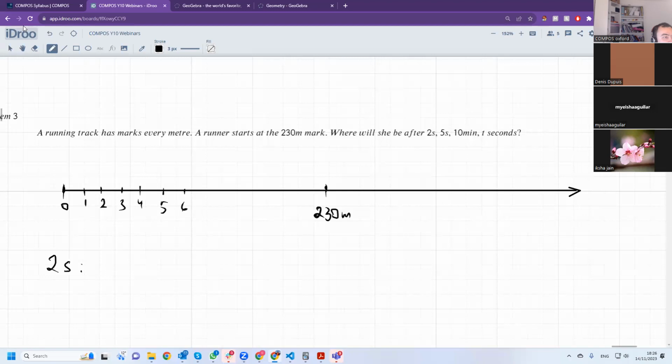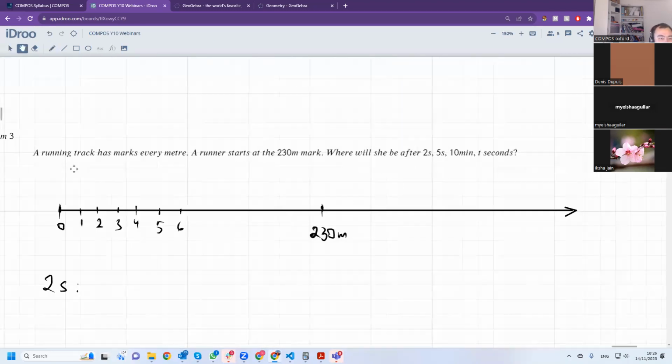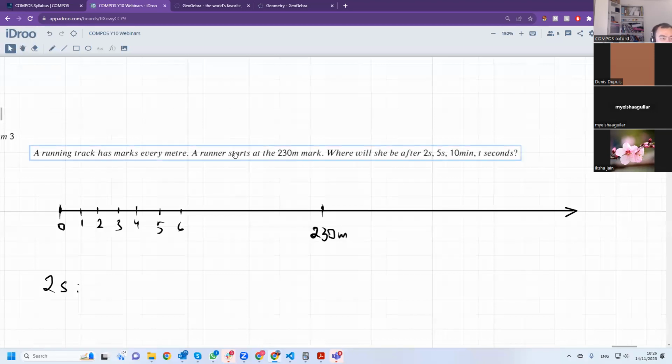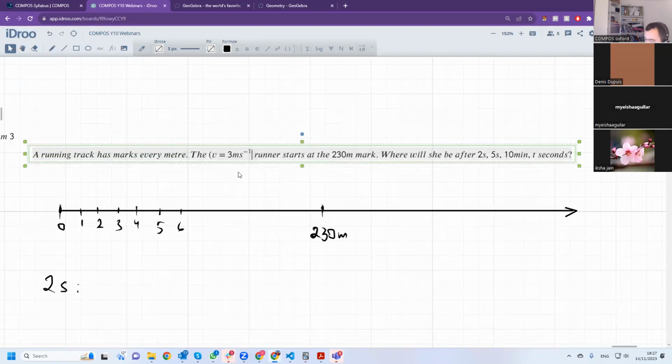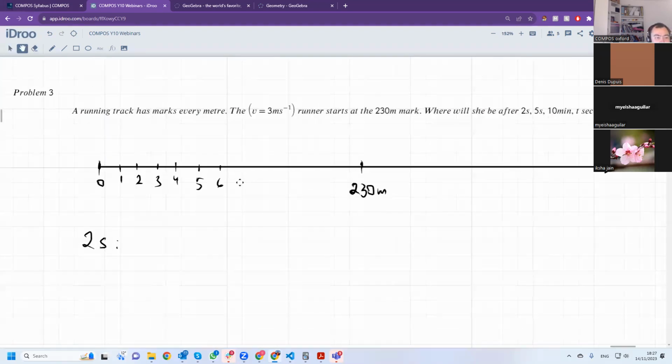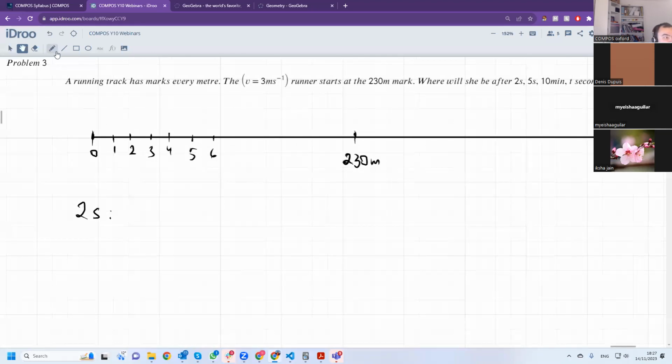Yes, the same runner, who's running at 3 meters a second. She's not accelerating. No, she's at constant speed. 236, yeah. 236.